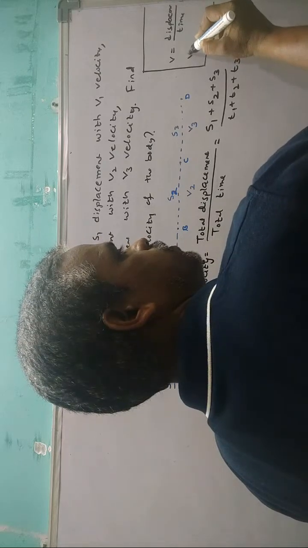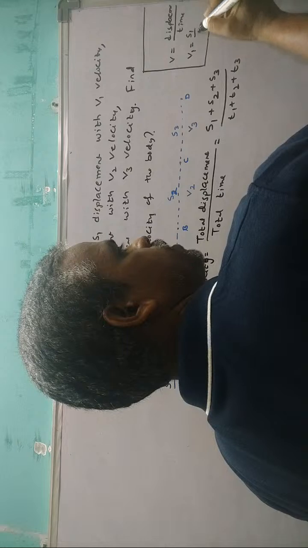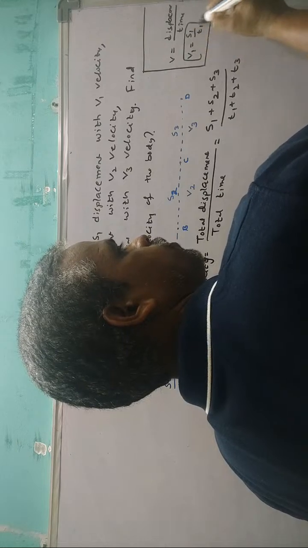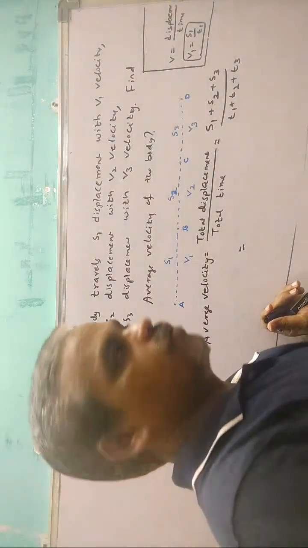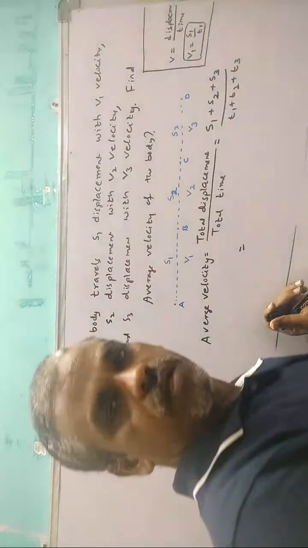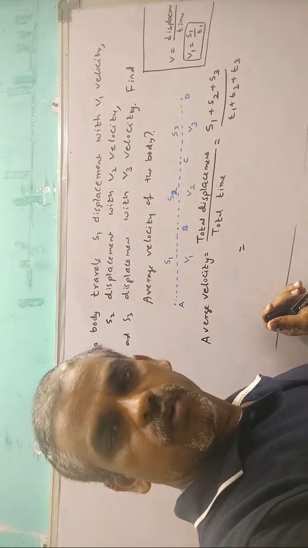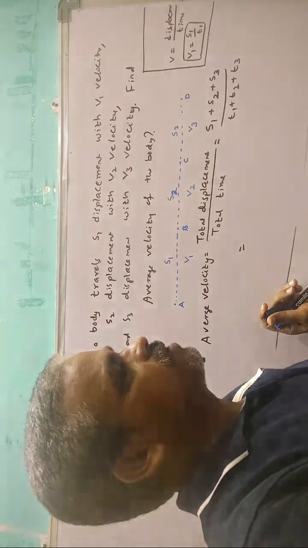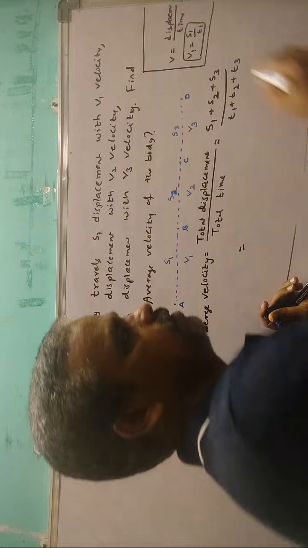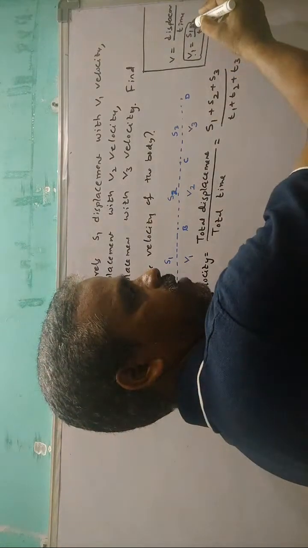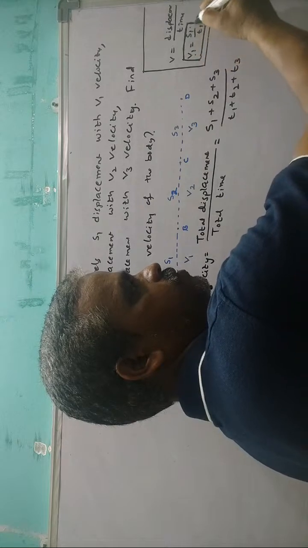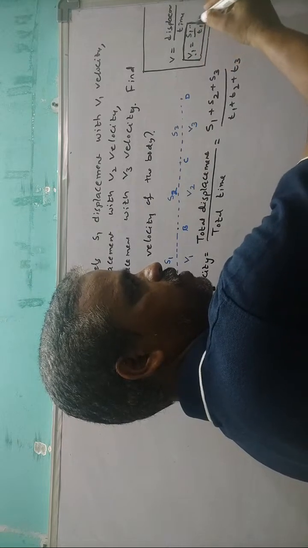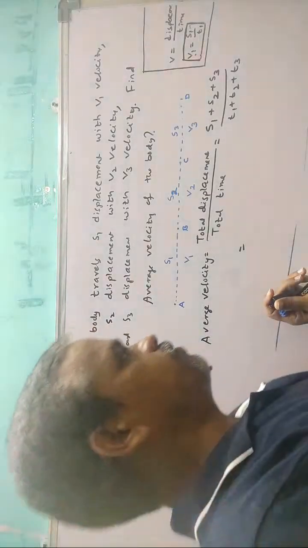That is, v1 equals s1 by t1. Do you know v1 equals s1 by t1? Already you know this in 6th or 7th class. Velocity is equal to displacement by time. If you don't know, just copy this one. Velocity equals displacement by time, s1 by t1.